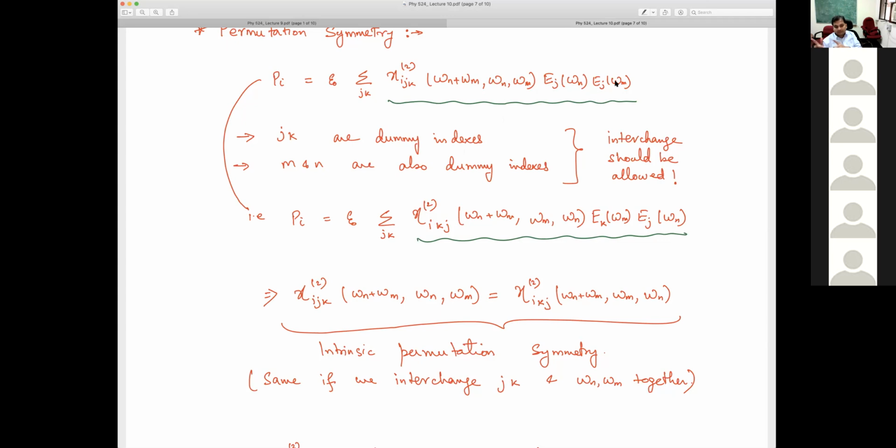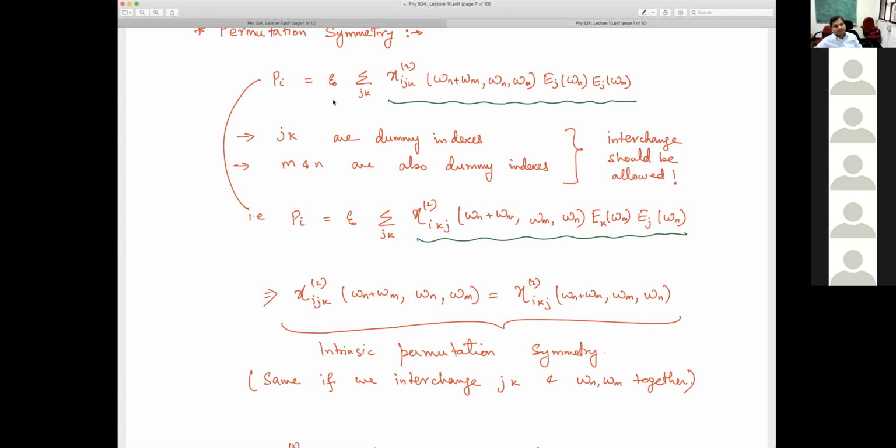So what frequency I am calling omega m and omega n, I have not specified. Okay. So omega m and omega n are also dummy indices. Okay. But the fact is that if I interchange j and k, so if Ej I write as Ek and I write omega m instead of omega n, so omega n becomes omega m, then the last two terms remain the same. And with that change, the P i should be exactly the same.